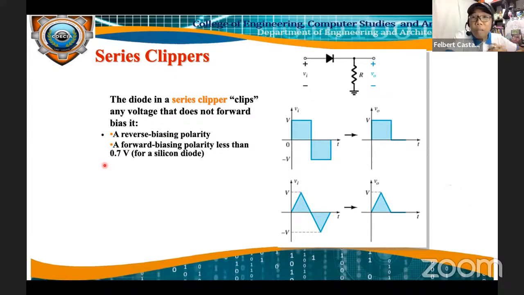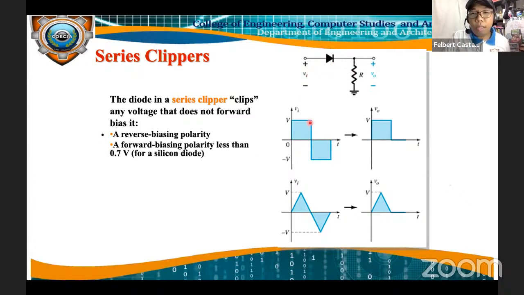Positive yung input mo pero less than 0.7, hindi niya kayang paganahin yung diode kasi 0.7 yung barrier or threshold voltage. Ito yung mga conditions na hindi magpo-forward bias yung diode natin. Alam niyo na, kapag positive alternation, gagana si diode as long as greater yung input mo sa diode voltage na 0.7.